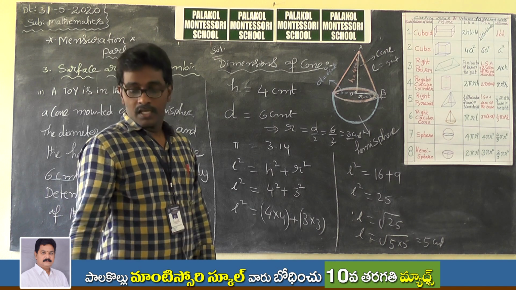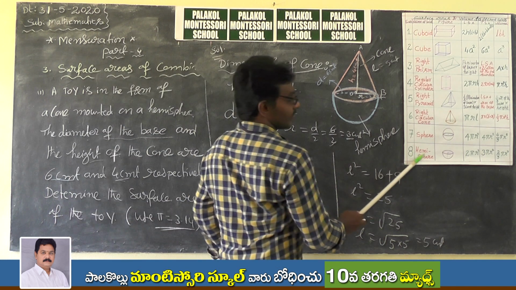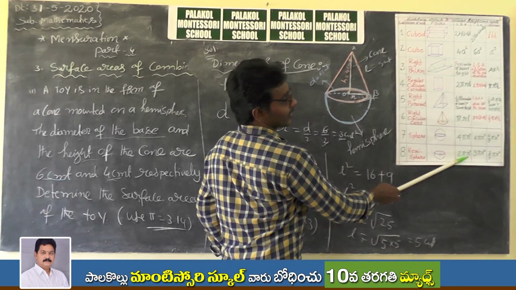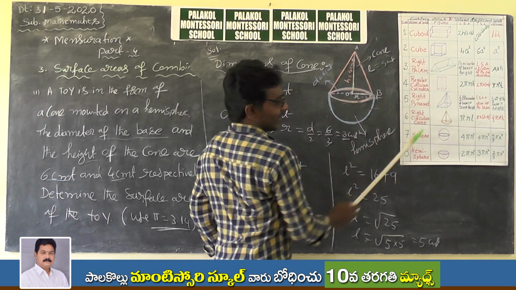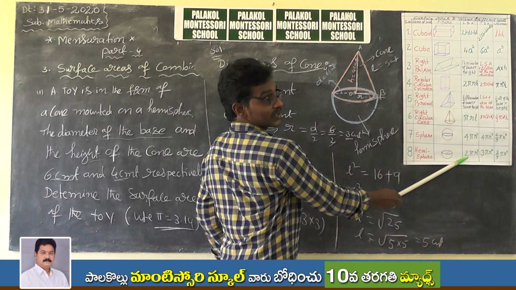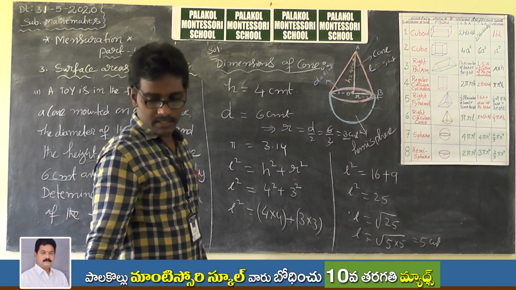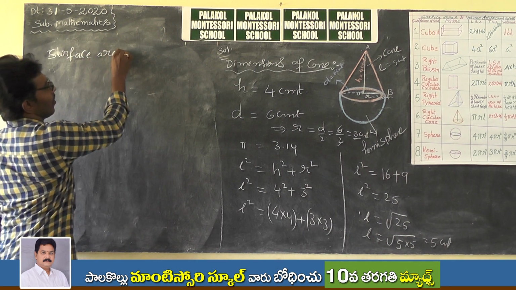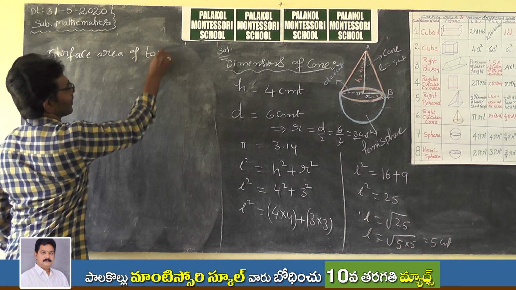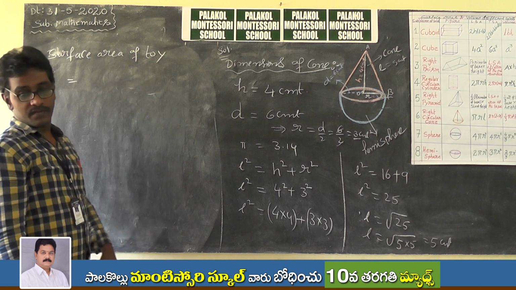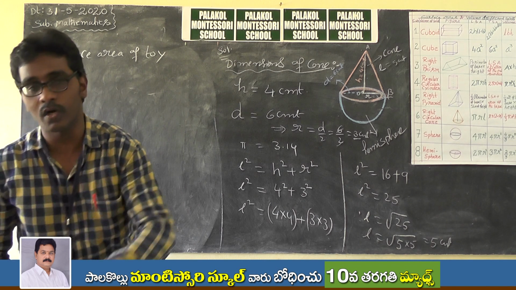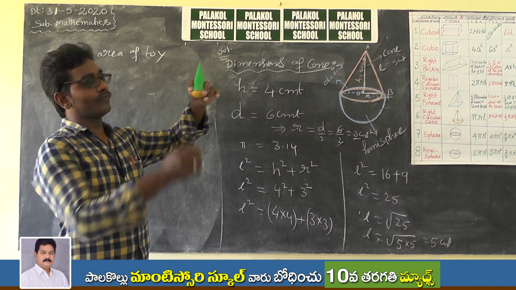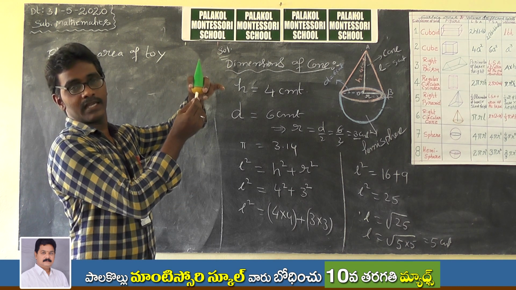Next one, the lateral surface area of the hemisphere. That is 2 pi r square. Lateral surface area of hemisphere is 2 pi r square. Now see the surface area of the toy. Guys, it is a combination of a cone and a hemisphere.